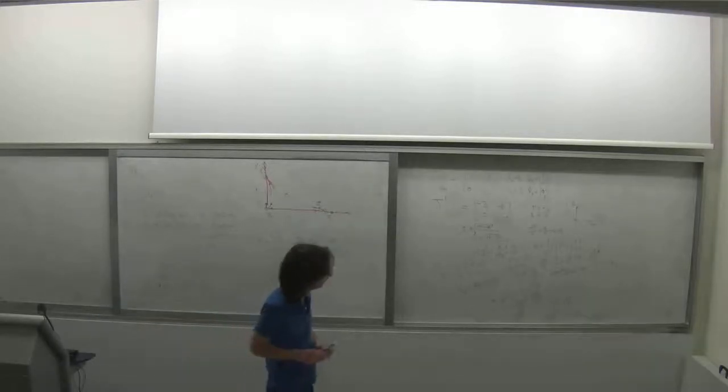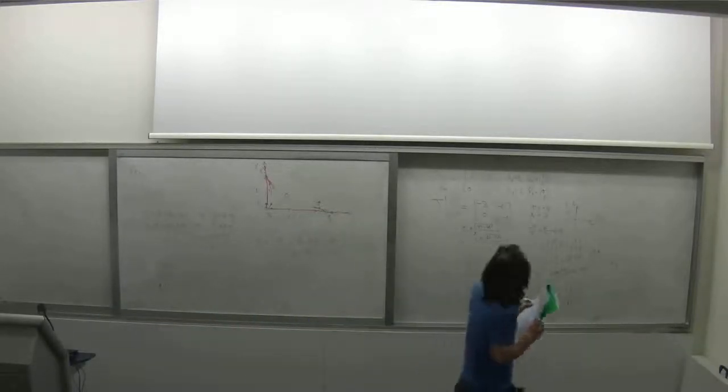Now, what we have remaining is J at (1, 1).